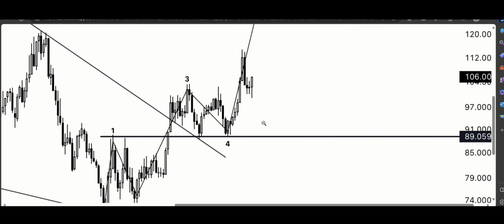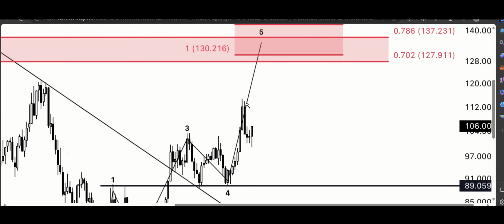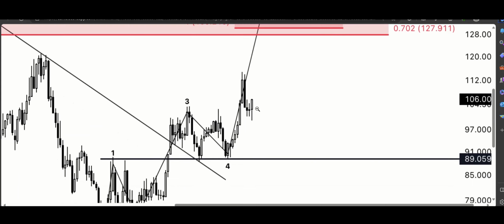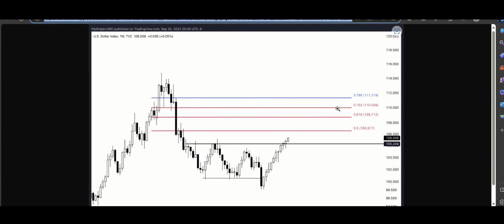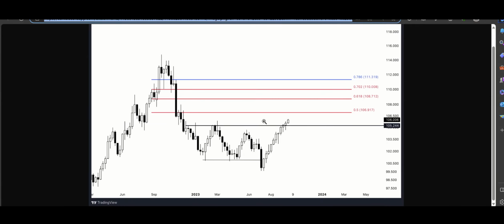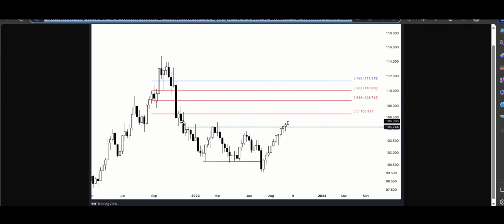So some may argue that this is your wave 5 over here, and now we're coming down for a corrective move. Okay, now I will only agree to a scenario like that, in which this is the wave 5, if we don't end up closing above this 702. Okay, right now we broke out of this range that we're in here on the weekly time frame.